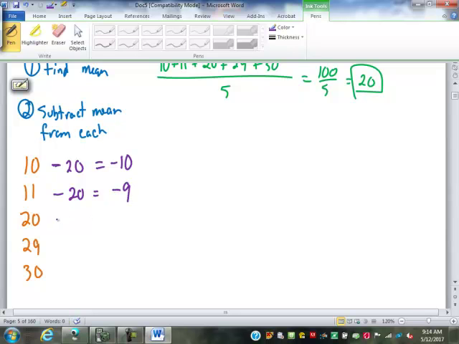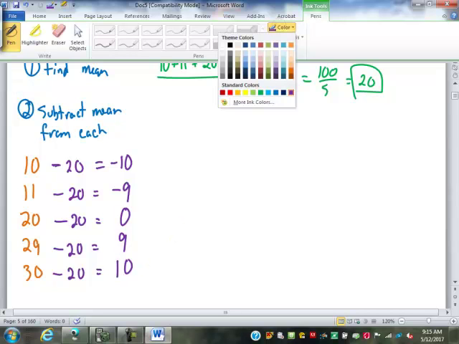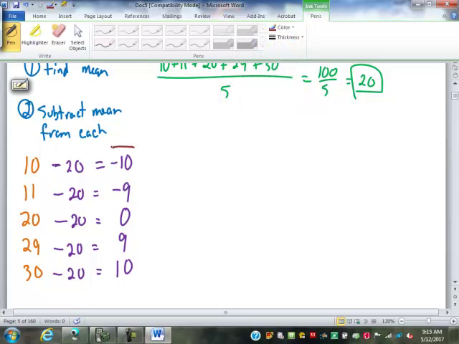Negative 9. 20 minus 20? 0. 29 minus 20? 9. And 30 minus 20? 10. And of course, if we were naming names, those would be called the deviations.